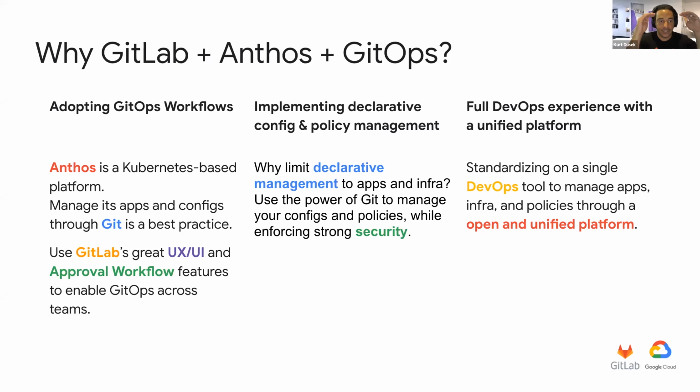And by putting Anthos as the mid layer across all of our Kubernetes clusters, we get that consistent Git-driven experience for managing changes to our configuration. So we have Git at the core, and GitLab's UI and UX enables more features around Git.